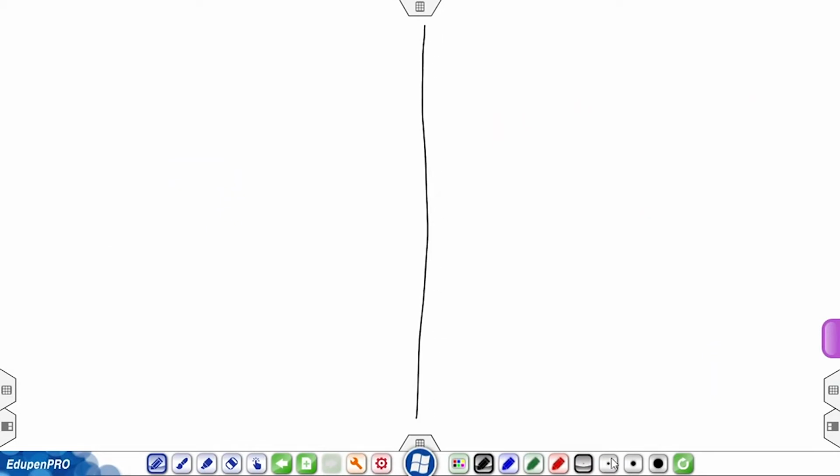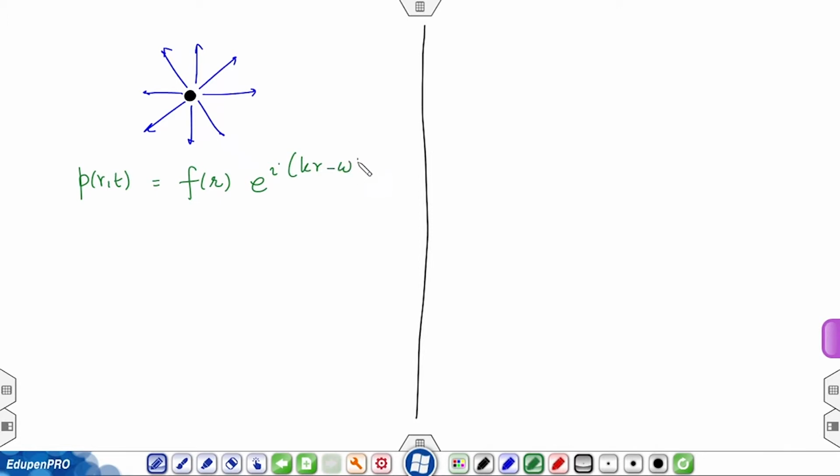Just to recap, I have this source of sound which is giving out sound waves isotropically, and we are taking p(r,t) to be equal to a function of r, only r, e raised to i(kr minus omega t).